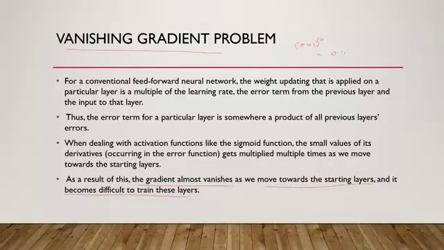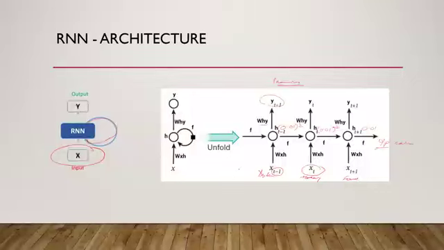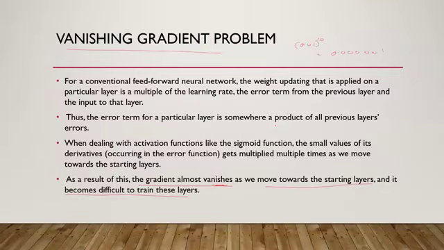It would be a very, very small value, 0.000 something, almost equal to zero. That's what they are saying: it almost vanishes as we move towards the starting layers, and that's how it becomes very difficult to update these weights. That is the problem we may face with recurrent neural networks.